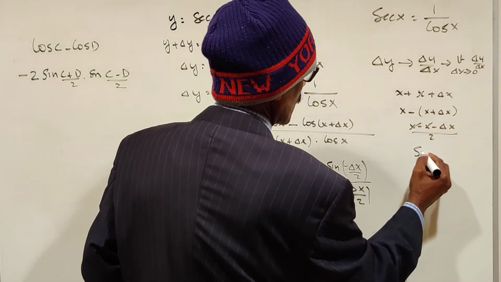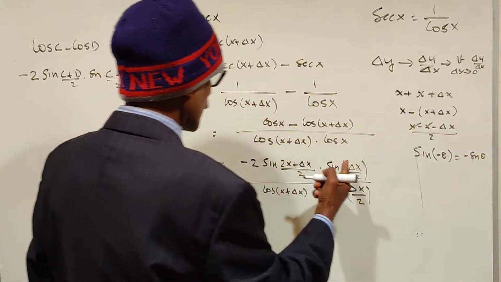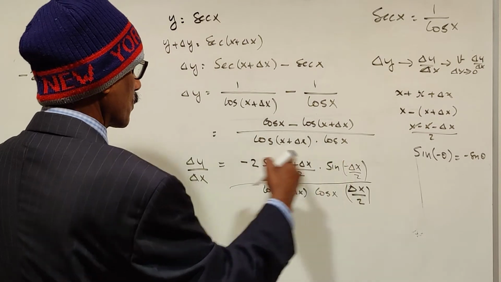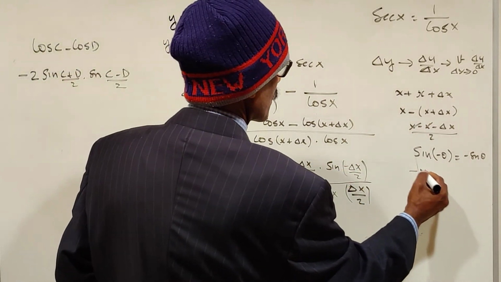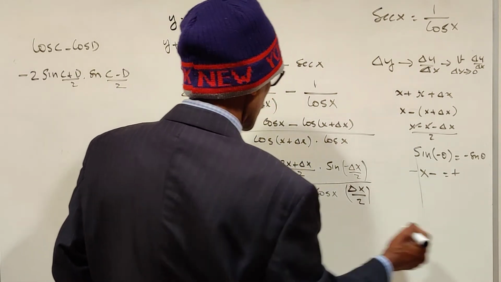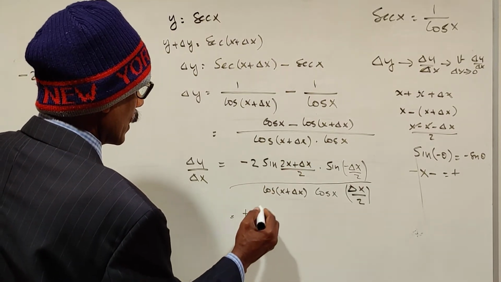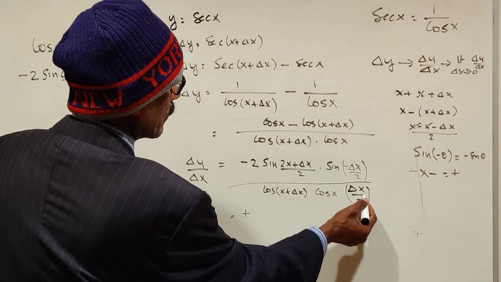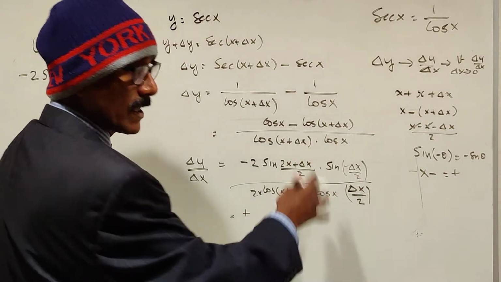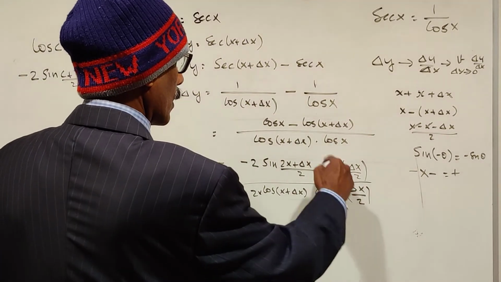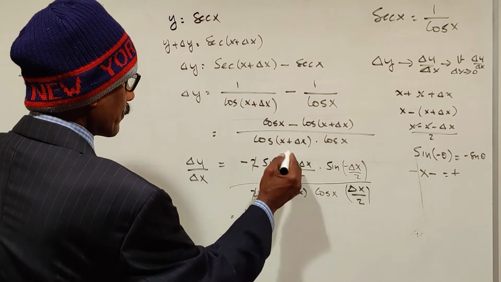See, sine of minus theta is minus sine theta. So the minus comes outside, and minus times minus becomes plus. So we divide by 2, so need to multiply with 2 because otherwise the value will change. So the 2 cancels, plus.